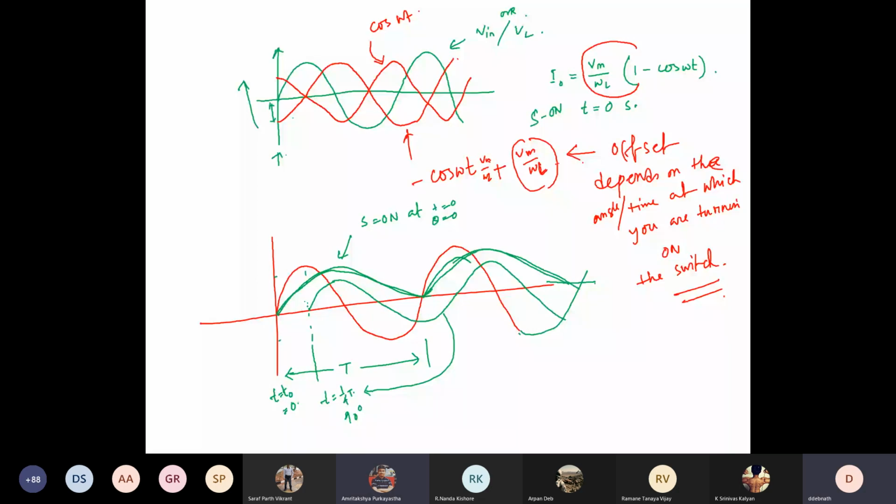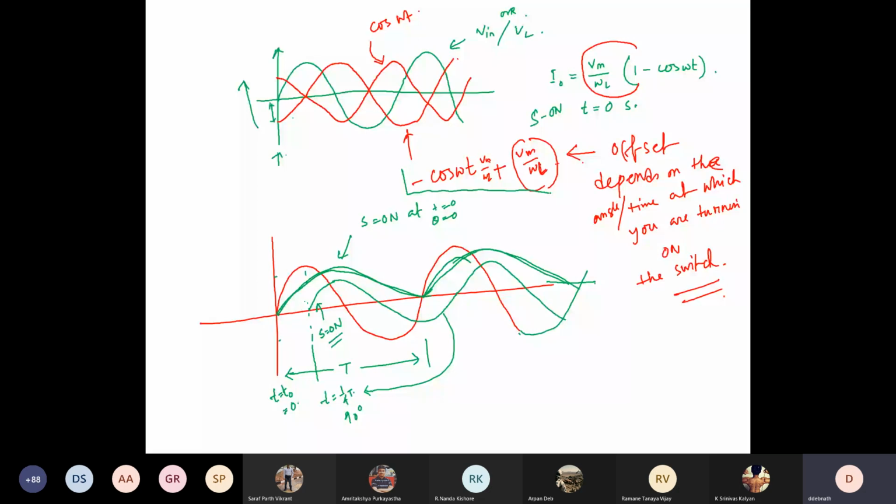Yes, it has to, because initially the current was 0. The offset will be like, I think, cos omega t naught, where t naught is the switching time. Actually, you solve this equation, I have to check it. If you want, I can work out and give you some mathematical expression. I forget this.